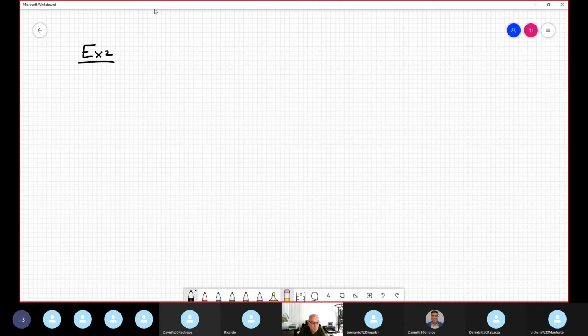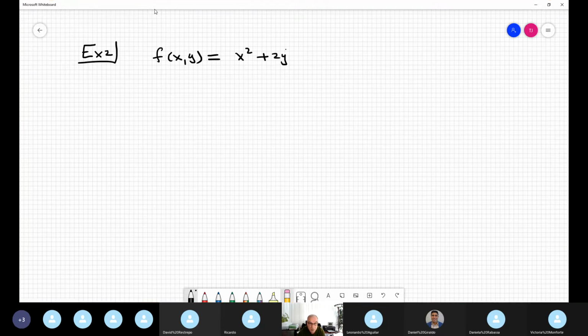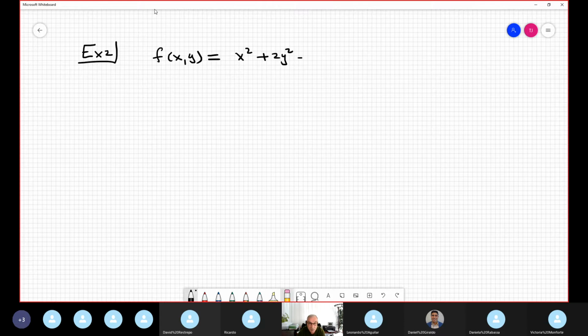Example 2. Say you have the function x squared plus 2y squared minus xy minus x minus 3y.